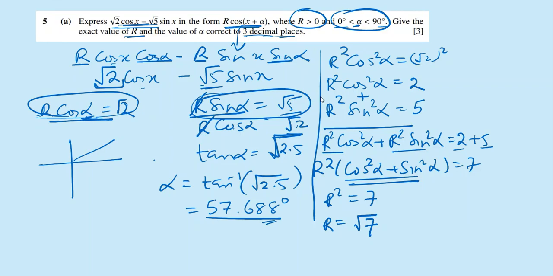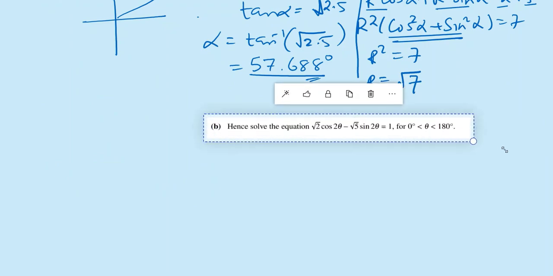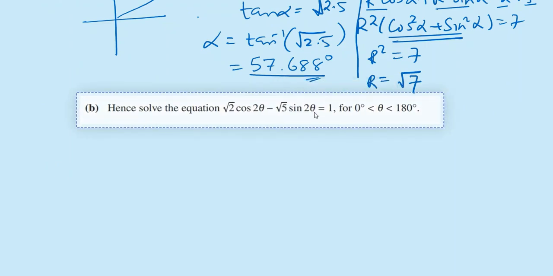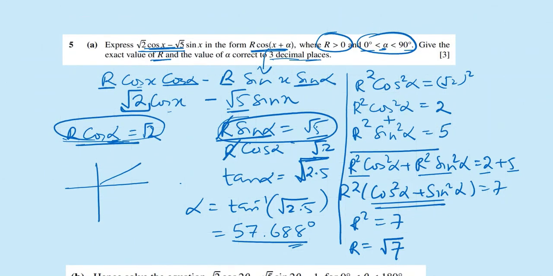Part B. This is part B where there is an equation that has the same expression we just simplified. That expression is equal to 1, but the angle has been doubled to 2 theta. So if our conversion was r cos x plus alpha, right? So in place of x, we will write 2 theta. That's it.